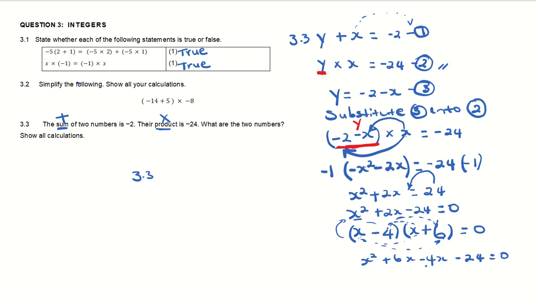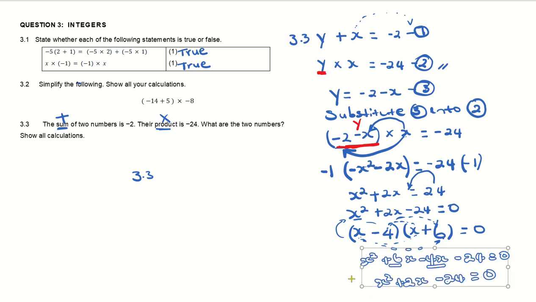And you see that if 6x is to battle against minus 4x, we would have 6x win by 2. It's got 2 more power than 4x, okay? x squared plus 2x minus 24. So it takes us back to our equation, okay? That was just me trying to explain the factorization.